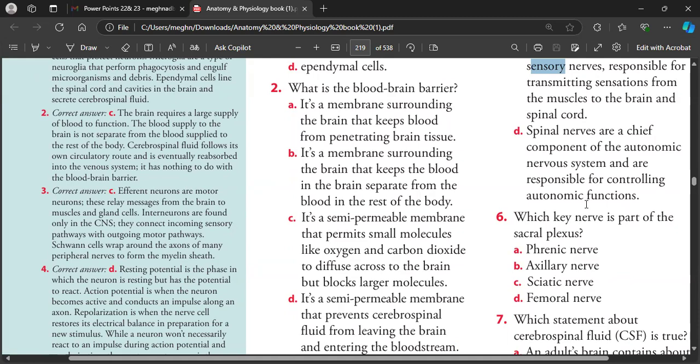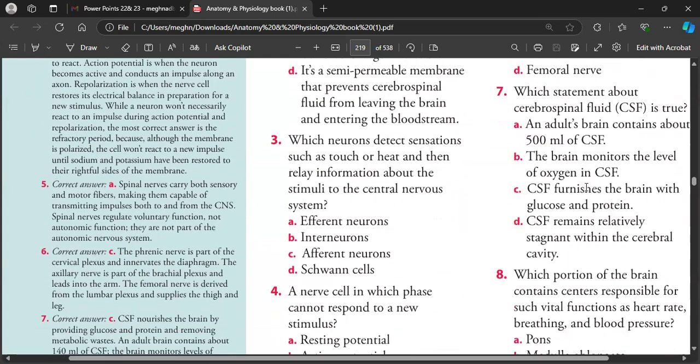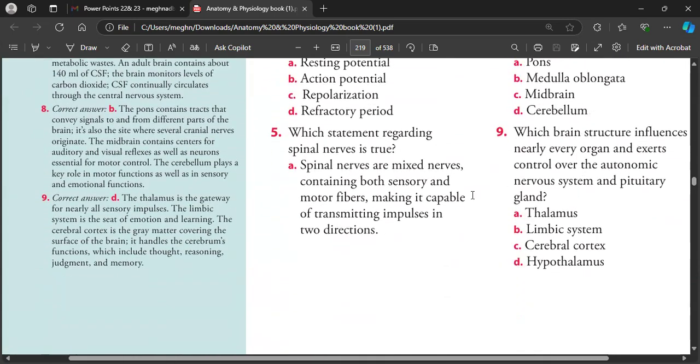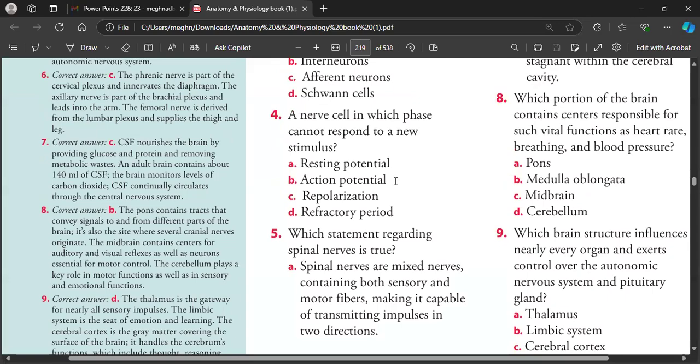No, it is both. Not only autonomic, it controls both. So according to this question, what the examiner asks, the most appropriate answer is that the spinal nerve is a mixed nerve and conducts both sensory and motor fibers. All right, and that also makes it capable of transmitting impulse in both directions. What I said, from center to periphery and from periphery to the central system, right? That is basically our action.